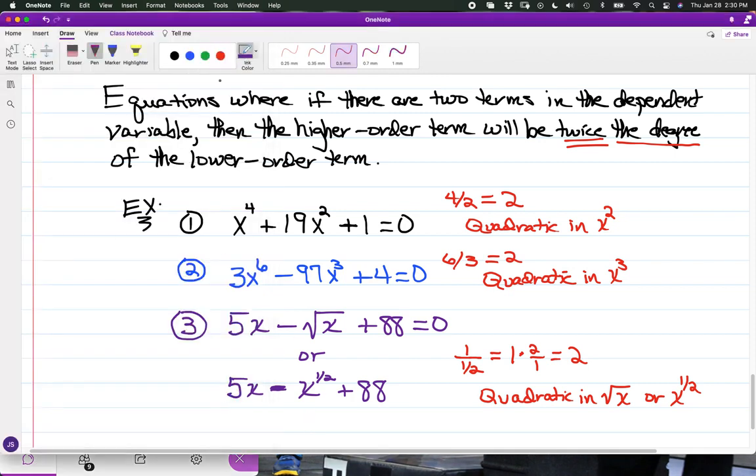Okay, so remember, the nth root of a to the m goes hand in hand with a to the m over n. So if I have the square root of x, it's like the second root of x to the first. So you have x to the 1 over 2.